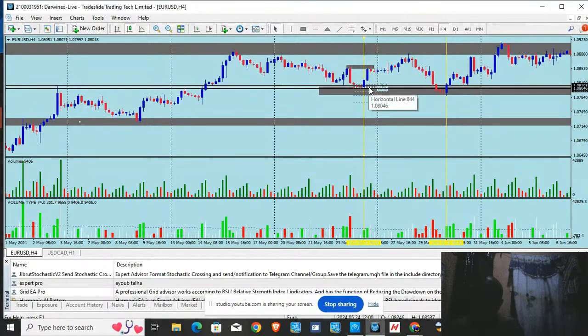It came down to retest, then gradually until it touched this area. And when it was coming down, it didn't take here into consideration at all. So that's why it's not good to use lower time frames to draw your demand and supply zones. The least you should use is 4 hours.